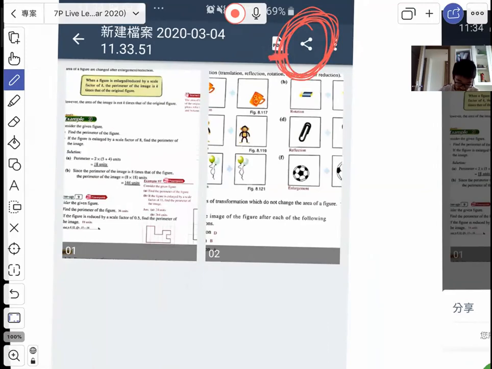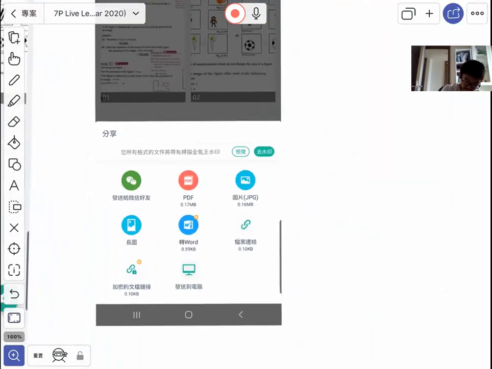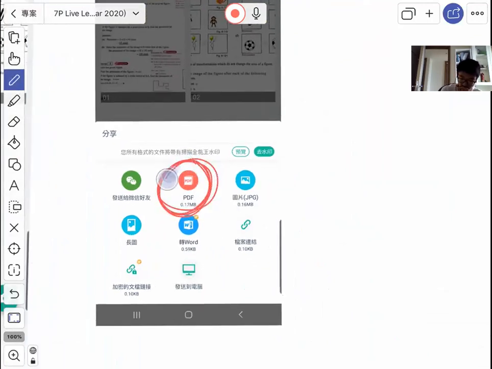Okay, and then after you press this button, you will see a lot of options, and please choose this one, PDF. All right, and then you can just share to Google Classroom or share to somewhere you like, for example, in your computer or some Google Drive, Dropbox, or whatever.